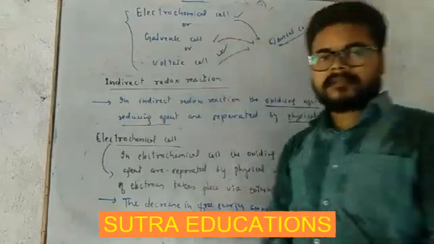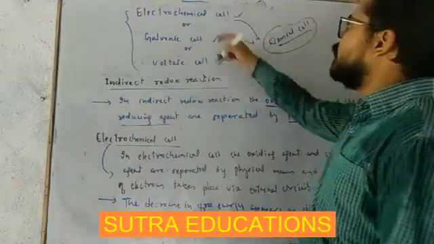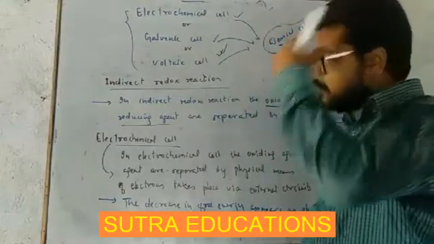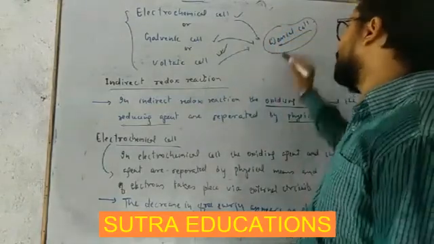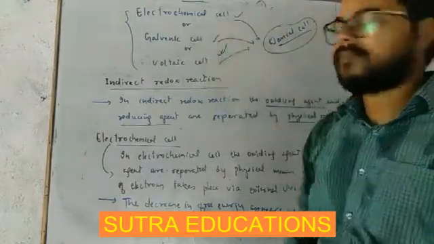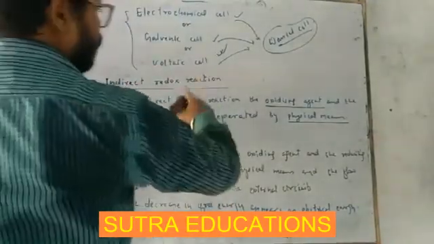Getting this? What is the Daniell cell? The Daniell cell is a type of electrochemical cell, and as I told you, electrochemical cell, galvanic cell and voltaic cell are all the same. So we will try to understand the electrochemical cell using the Daniell cell.